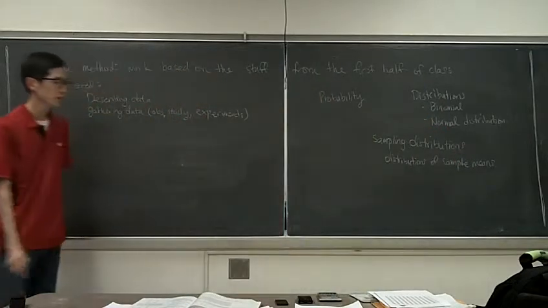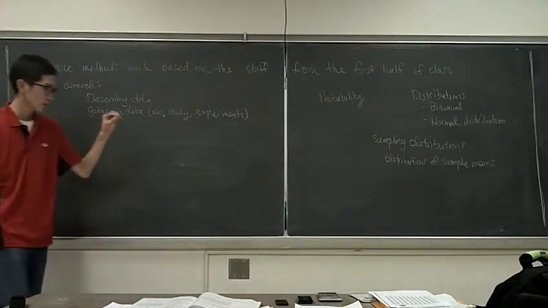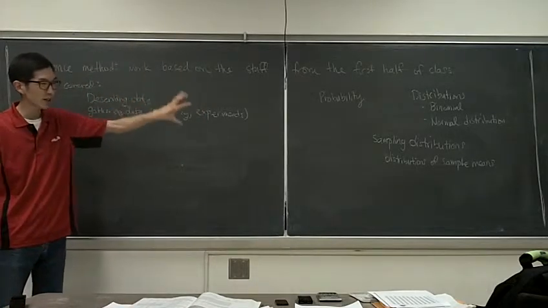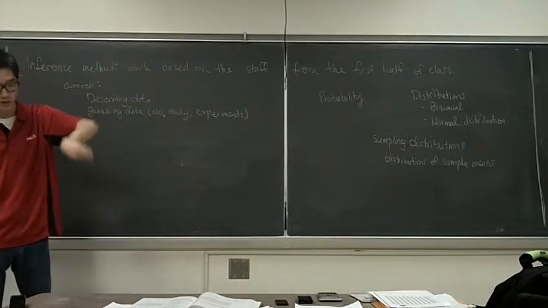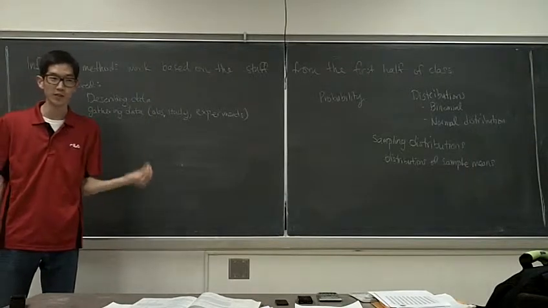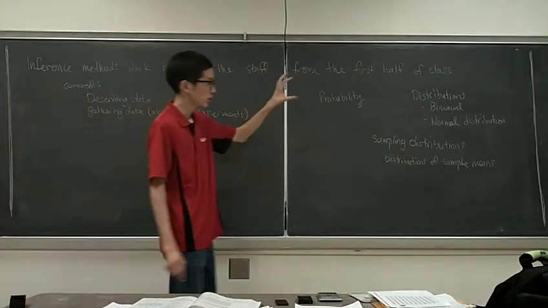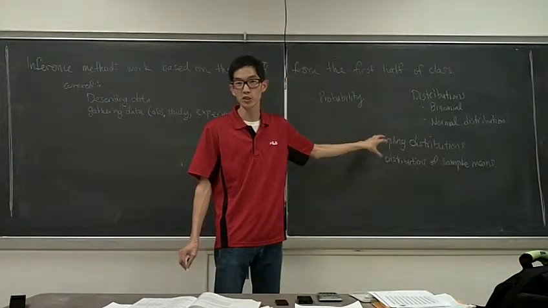Sample means. And so once we've established all of these topics, then we took our first step into inference with the confidence interval. What we said is, we understand something about sampling distributions.